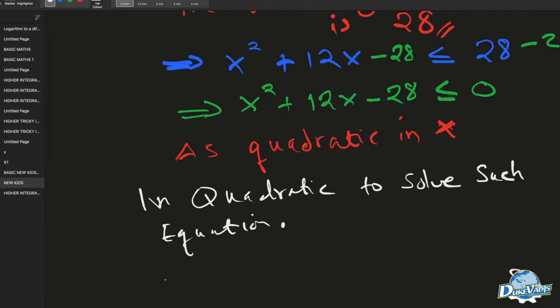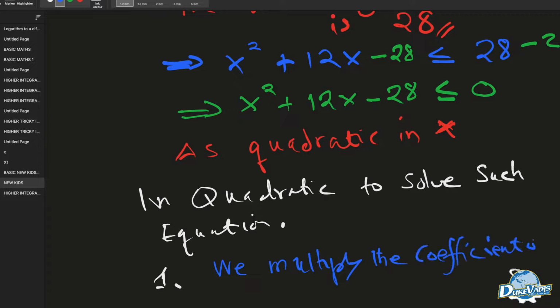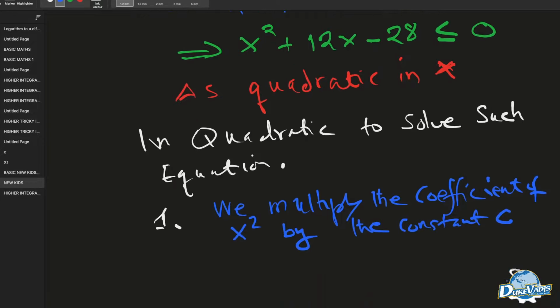So first, step one, we multiply the coefficient of x squared by the constant c.